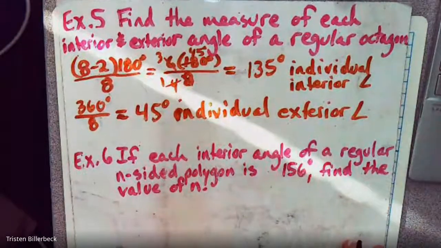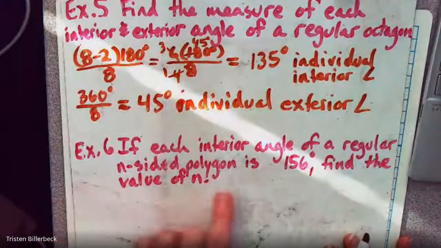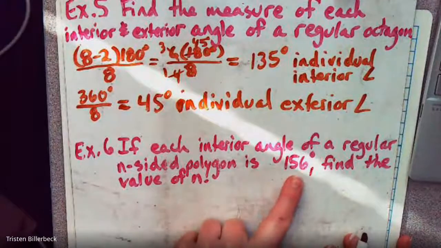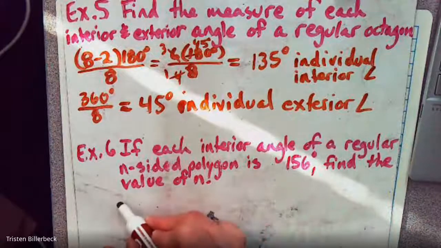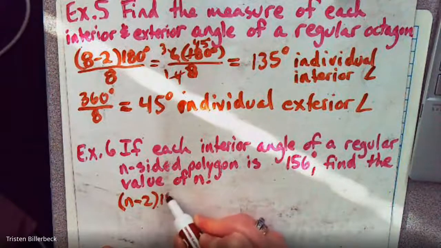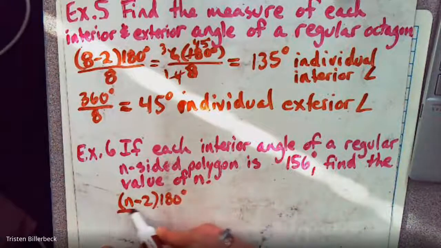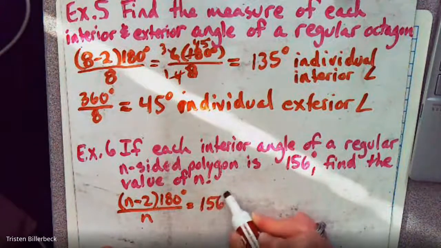Okay, if each interior angle of a regular n-sided polygon is 156 degrees, find the value of n. So we have a regular polygon. We don't know what n is. We have n minus 2 times 180 divided by n, and it equals 156 degrees.